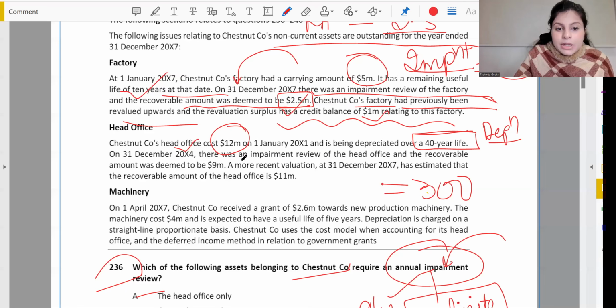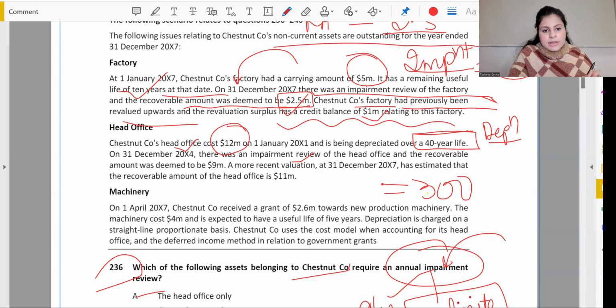Then on 31st December, there was an impairment review. So how many years have passed from 1st January 2001 till 31st December 2004? 1, 2, 3, 4. So 4 years have passed. Very good.